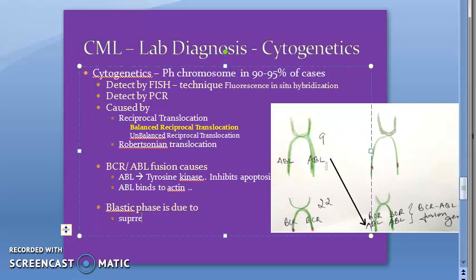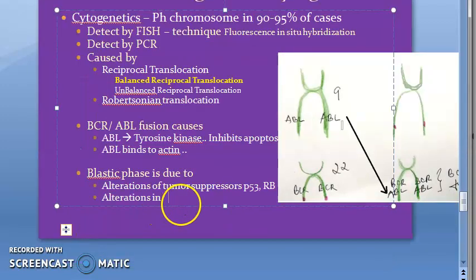The blastic phase is due to suppression of P53, that is, the tumor suppressor itself gets suppressed, RB genes get suppressed, right? So alterations of tumor suppressors, correct? Then alterations in RAS, MYC oncogenes, correct?